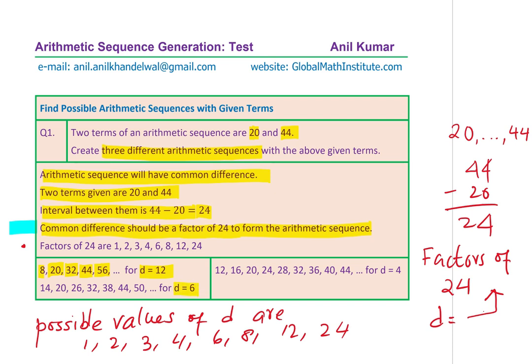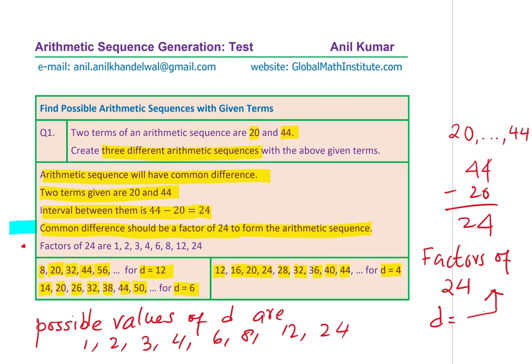If you choose D to be 6, begin from 20. Take away 6 to get a term previous to this. Keep on adding 6 to get the terms which are after 20 until you cross 44. Now you can choose D as 4 also. So you can decrease by 4 and then increase by 4.